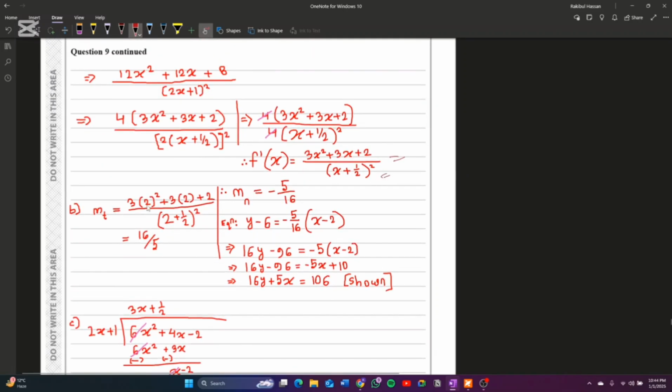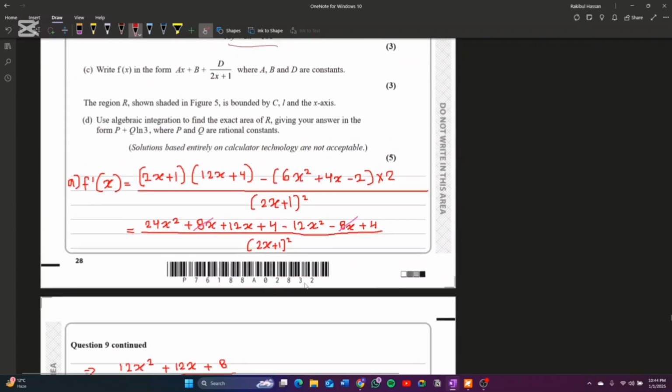If we put the value of 2 here, we get the gradient of the curve at P. Therefore, the gradient of the normal: we know that m1 times m2 equals minus 1, so m2 is minus 1 by m1. Therefore, we get this value, minus 5 over 6. So y minus y1 equal to m times x minus x1 gives us this equation.